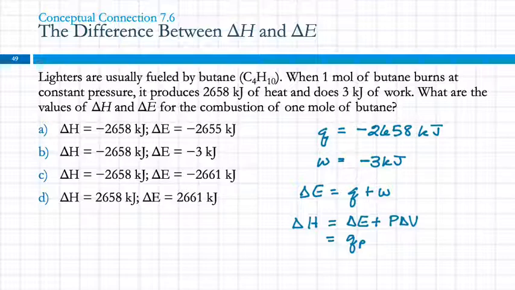So I'm putting down some things that I know, and then looking over at the multiple choice answers. My choices for delta H are negative 2658 or positive 2658. And we already decided that this is a negative, so we can cross off that last choice because we know that delta H is wrong.